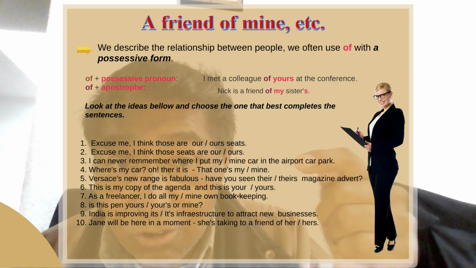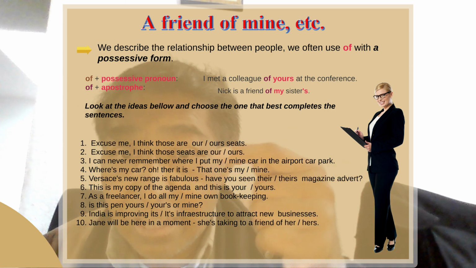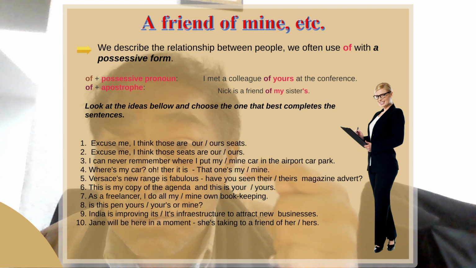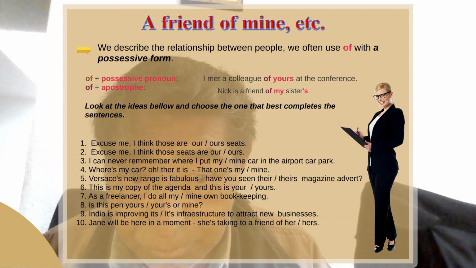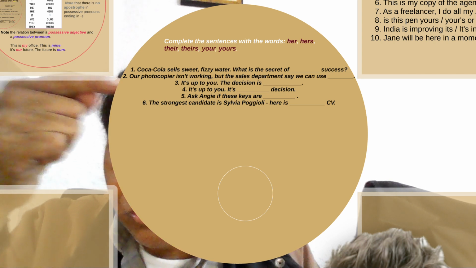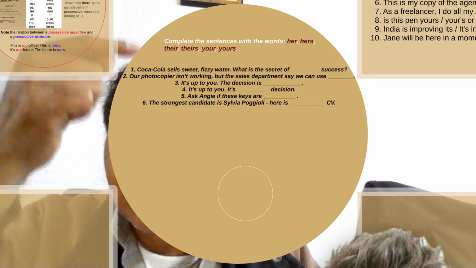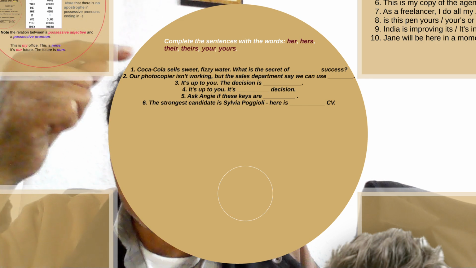Okay, so complete it using each one of the options that are there for you. Now complete the sentences with the words her, hers, theirs, your, and yours. So here you will have to complete this exercise using these options.